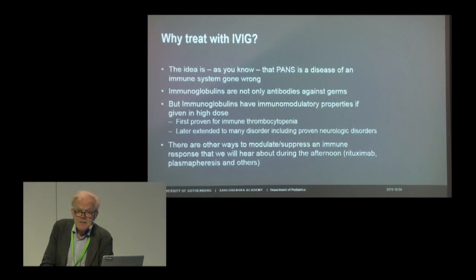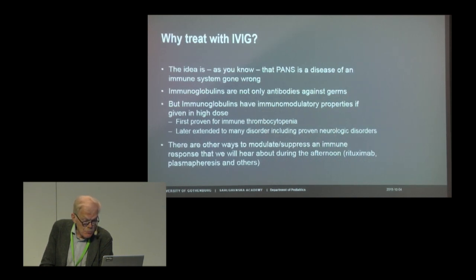That's still the gold standard, and very little has been tried to see if you can lower the dose and if there are differences in different situations, except in fact in thrombocytopenia, where many times it's enough with 0.4 or 0.8 grams per kilogram.